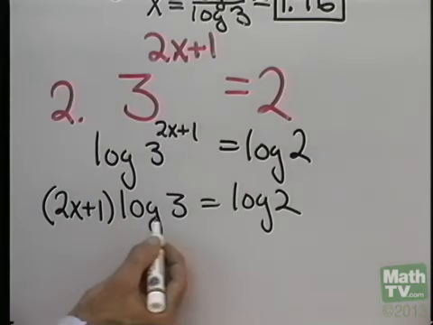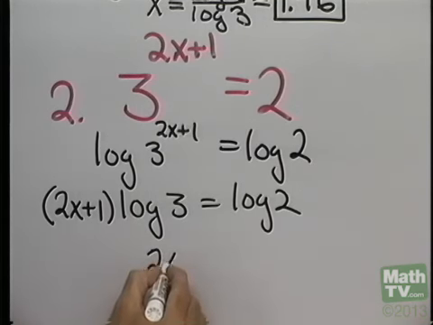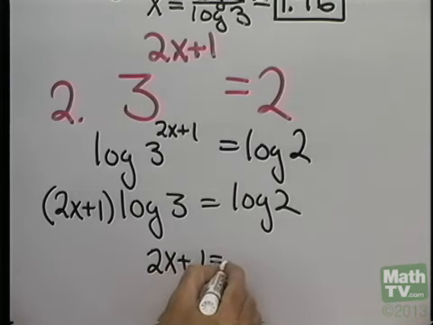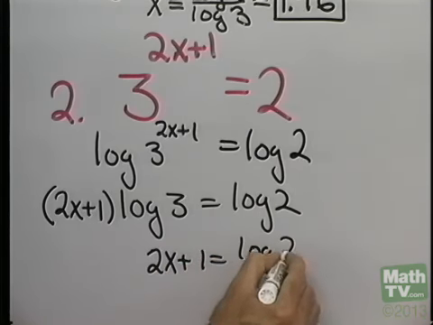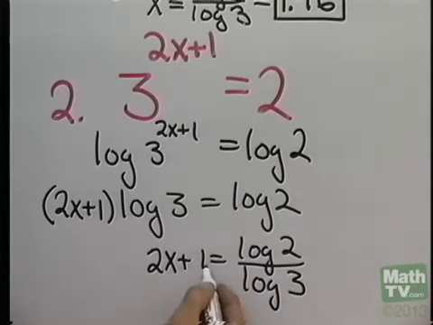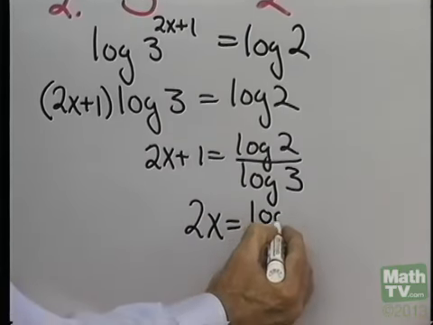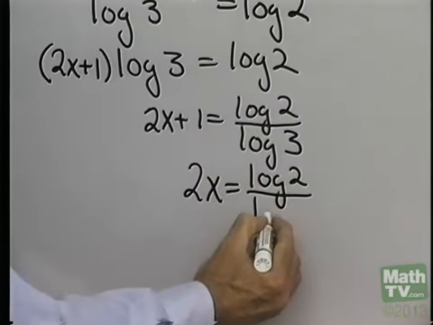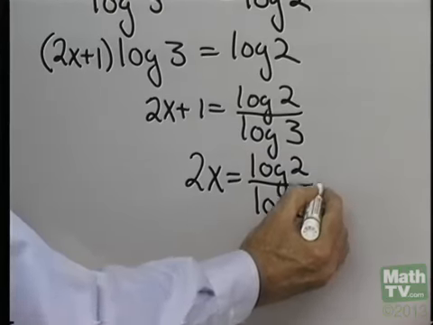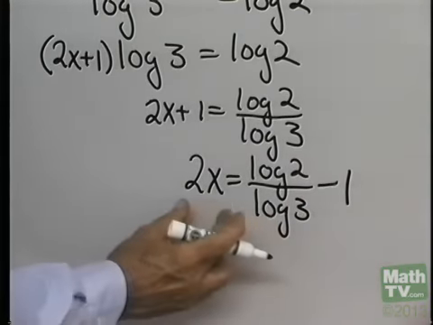I'm just going to take this coefficient log 3 right here and divide both sides by it. When I do that, I have 2x plus 1 is equal to log 2 divided by log 3. Next, I'm going to subtract 1 from both sides. 2x is equal to log 2 over log 3 minus 1. Okay, so I want to solve this for x.